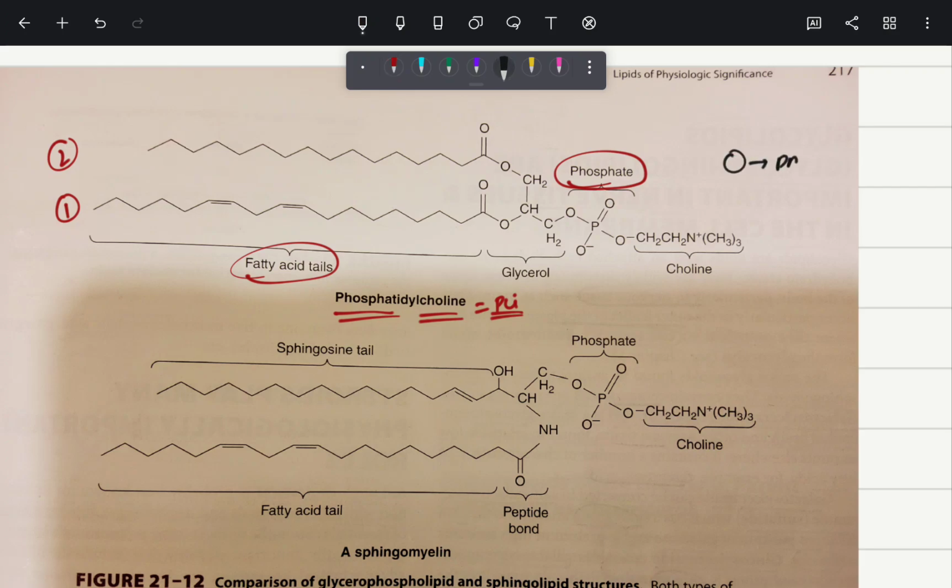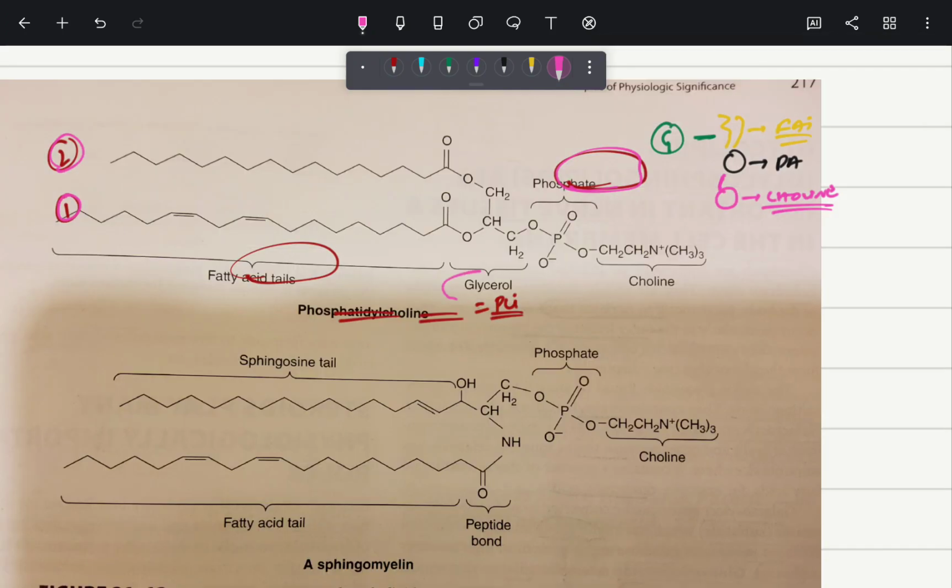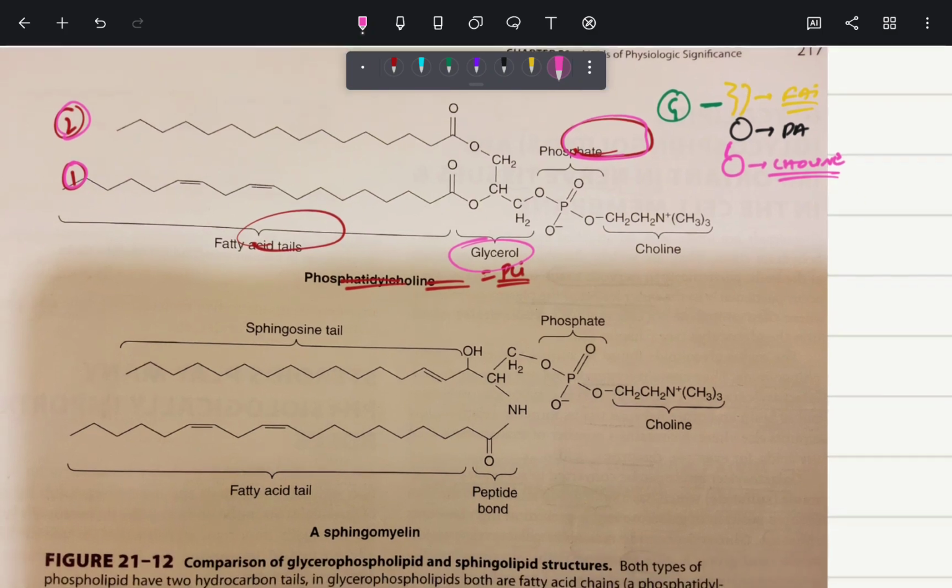So this is the phosphoric acid, two tails of fatty acids, and it should contain glycerol as alcohol, and to the phosphoric acid it should contain a choline chain. The entire component is called phosphatidylcholine. So as you can see here, there is one fatty acid chain and a second fatty acid chain, which are attached to the phosphate, and to the fatty acids there is glycerol attached. Okay, I hope you are clear with this.